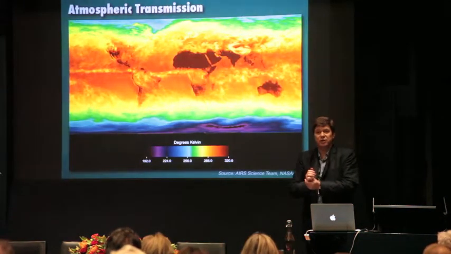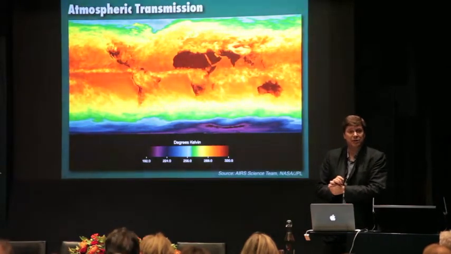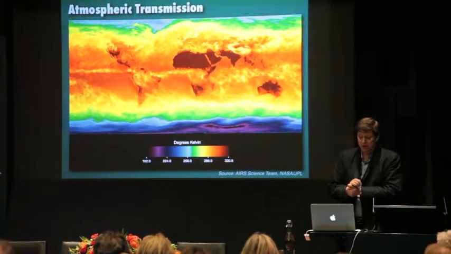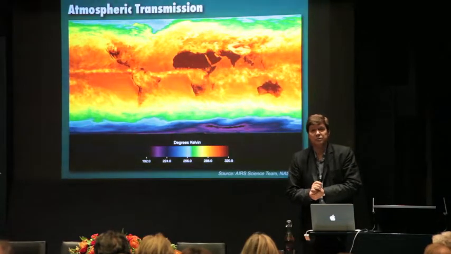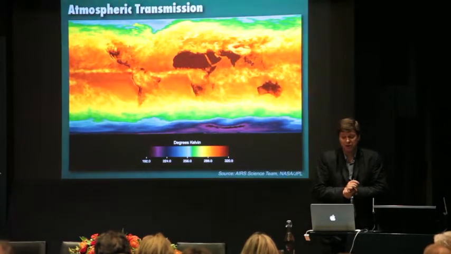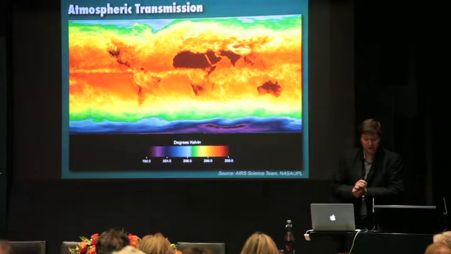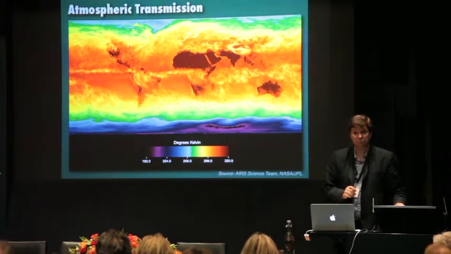If you look at the Earth from space, in the infrared spectrum, this is what it looks like. The average surface temperature is 287 degrees Kelvin, that's 14 degrees Celsius. It ranges from about minus 70 down in the Antarctic up to about plus 50 in Death Valley.